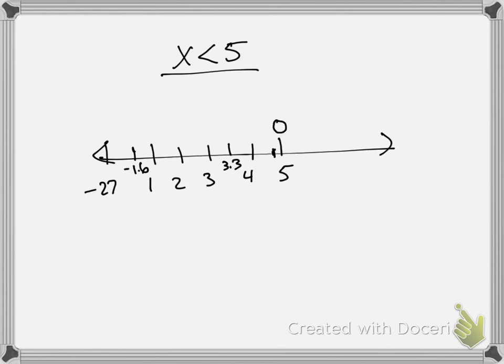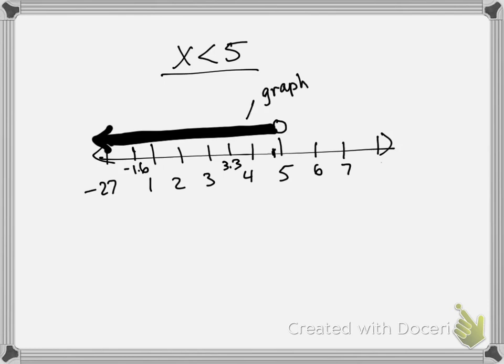I put a big open circle on 5 because I'm not counting it, and I'm going to draw an arrow to the left, representing that I'm including all the numbers that are less than 5, and all the numbers that are greater than 5, which is on the other side, like 6, 7, 42 up here, are not going to be shaded. So if it's shaded, it makes it work. It's a solution.